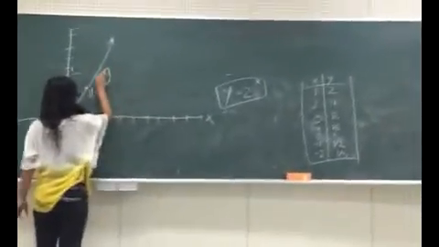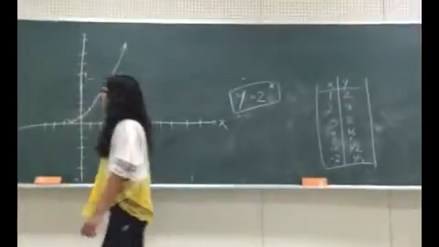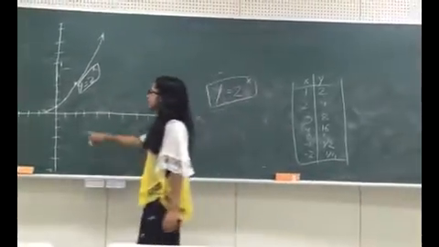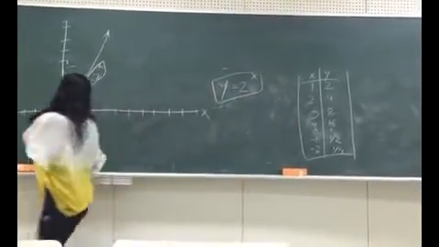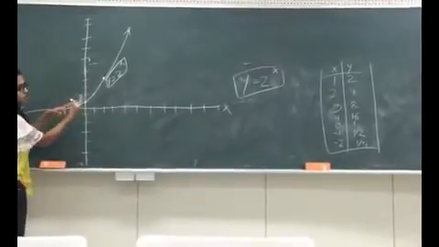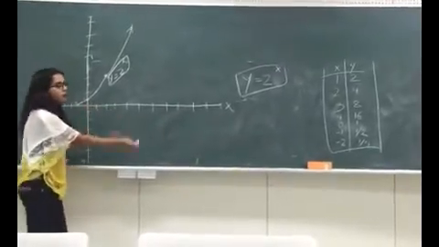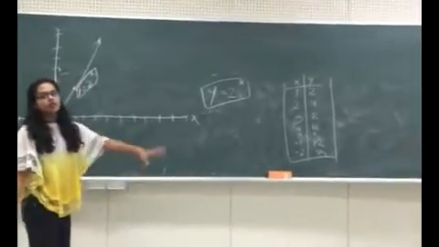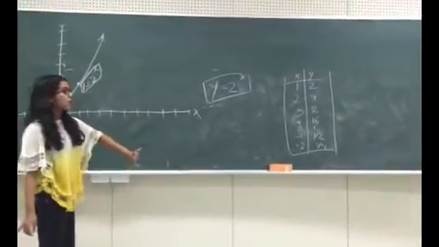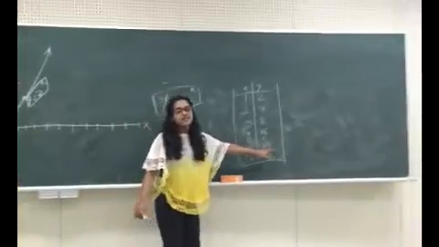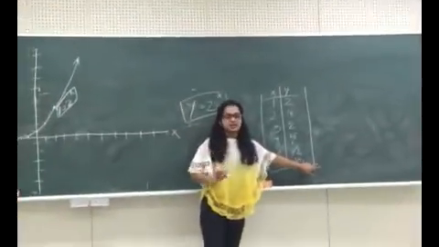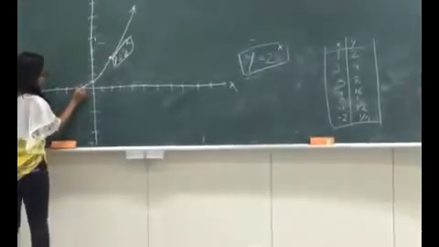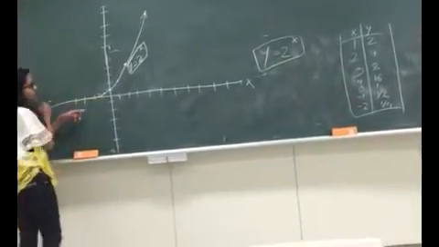So now, let me make it very, very clear that no matter how much you plot when you add other numbers like minus 3, minus 4 on the x axis, the y is never ever going to be negative. The y will never touch and become 0.